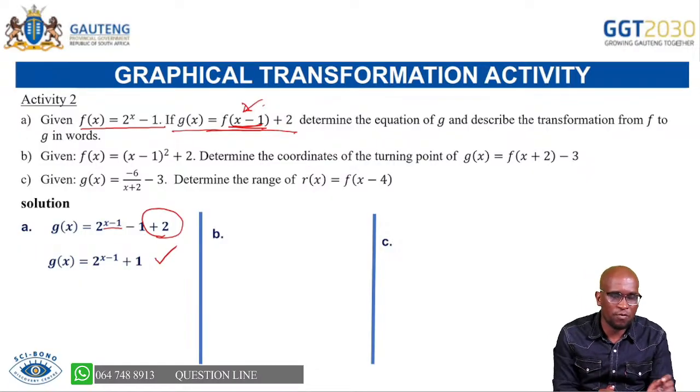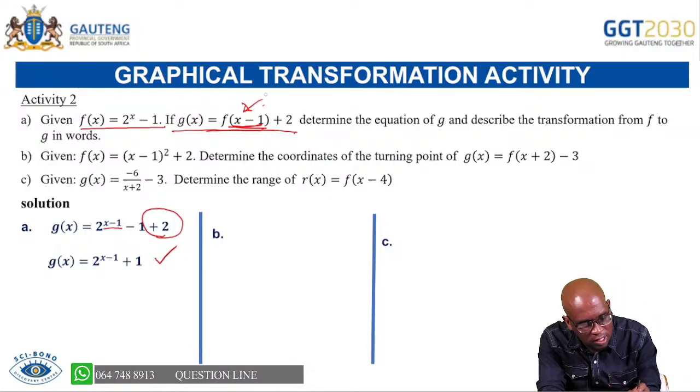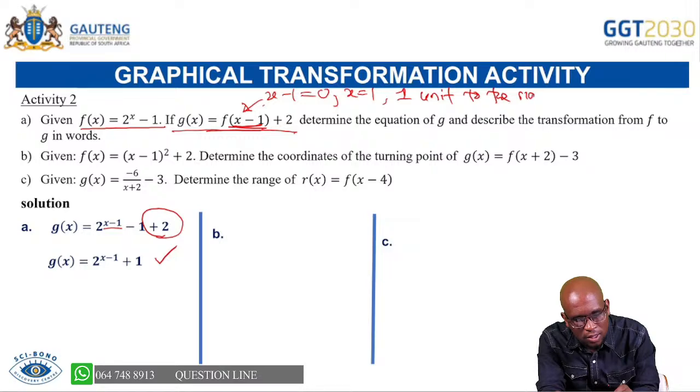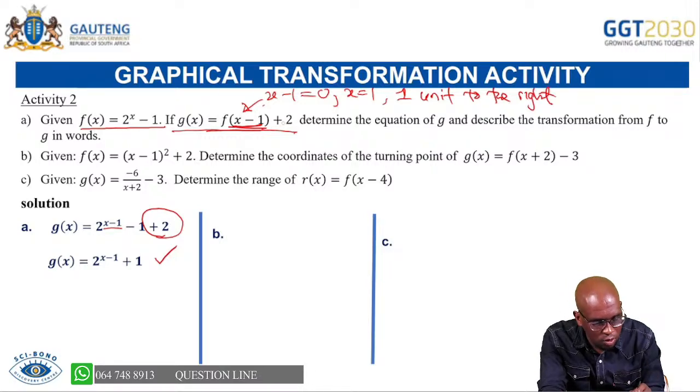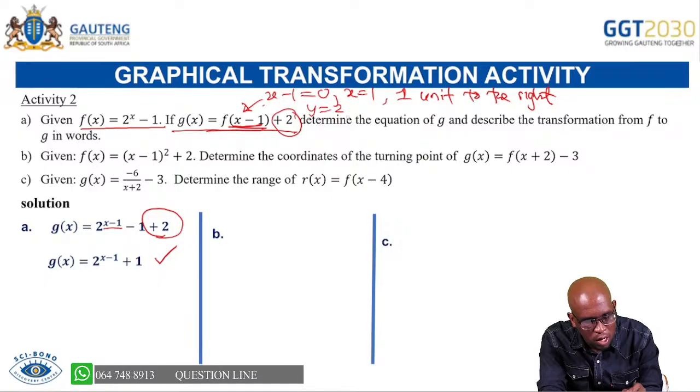You can see that from f to g, this is x minus 1 is 0. So we can see that x is equals to 1, which means that we moved 1 unit to the right, and then also plus 2, which shows that y is equals to 2.